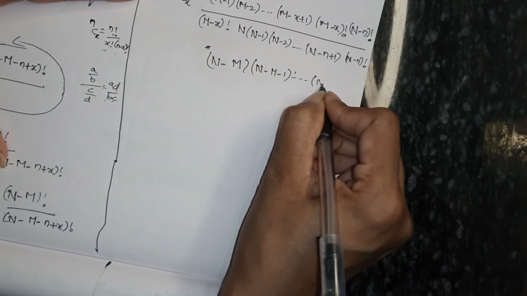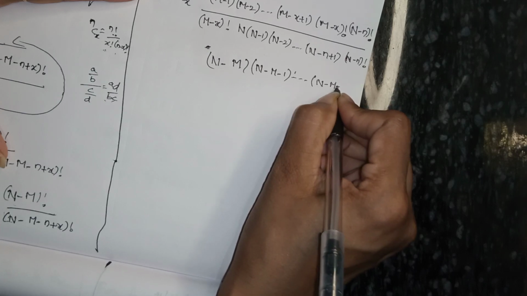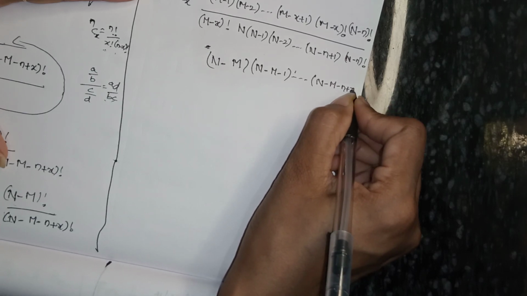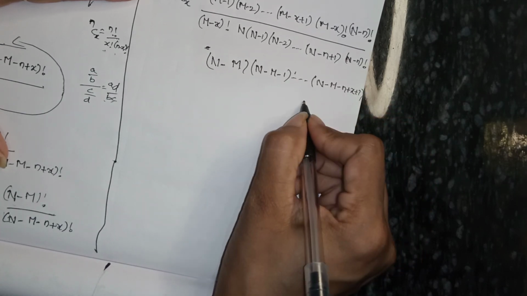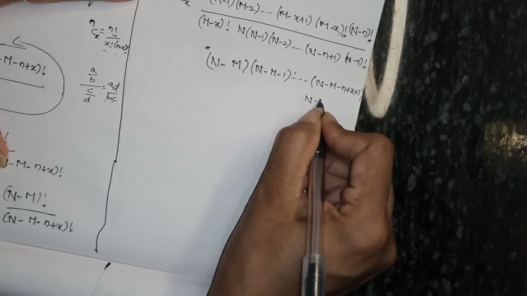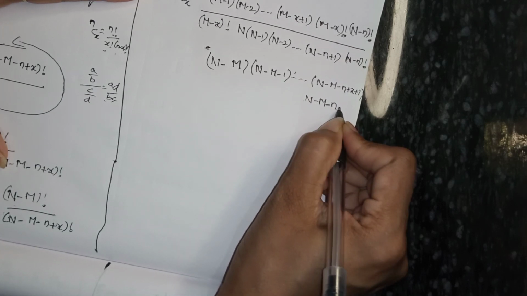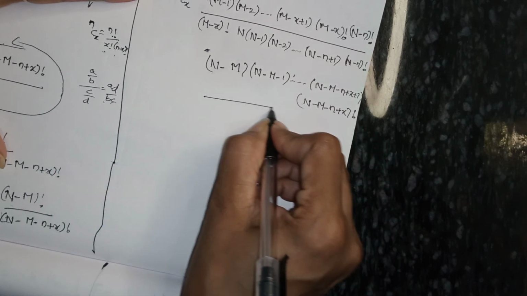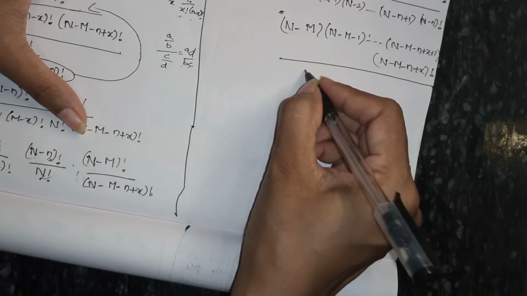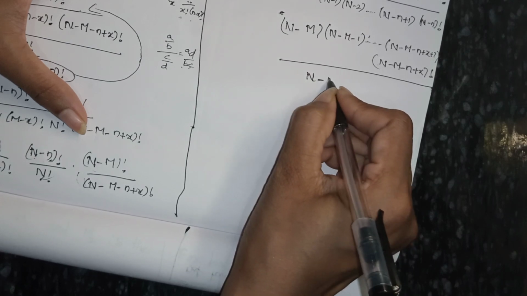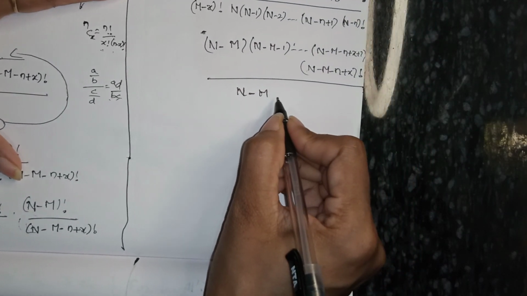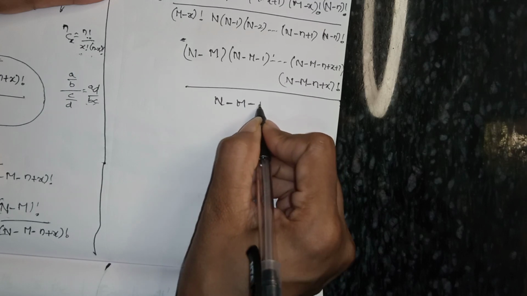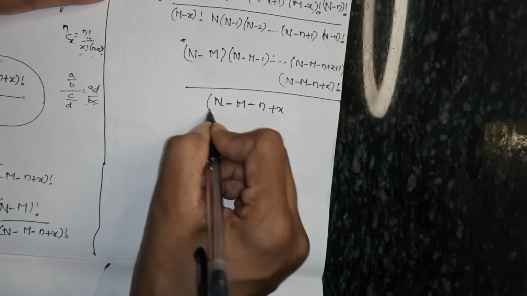So that means n minus m minus n plus x plus 1 into n minus m minus n plus x factorial whole by what we'll have here down? N minus m minus n plus x factorial.